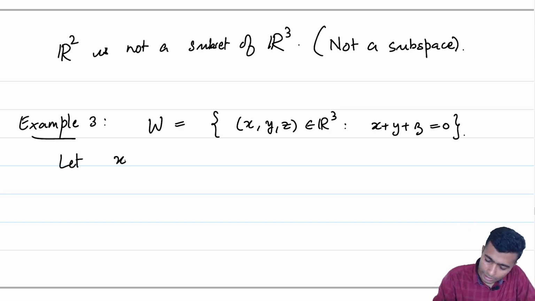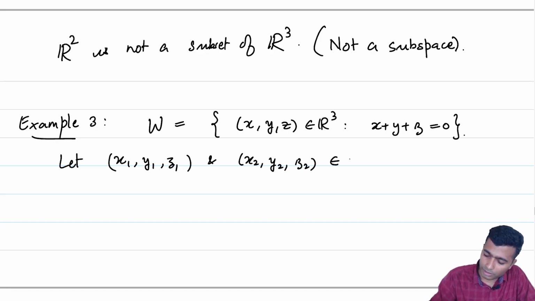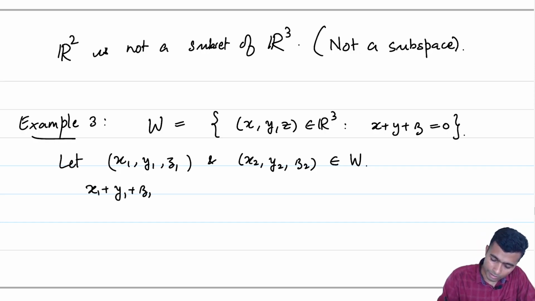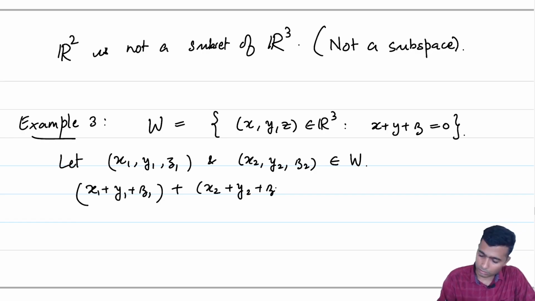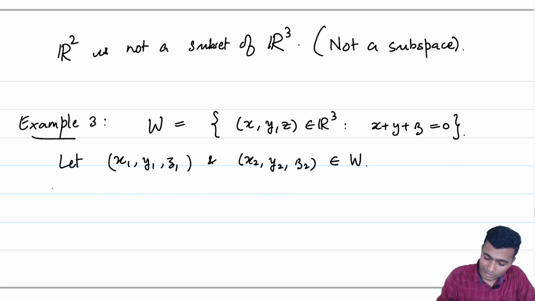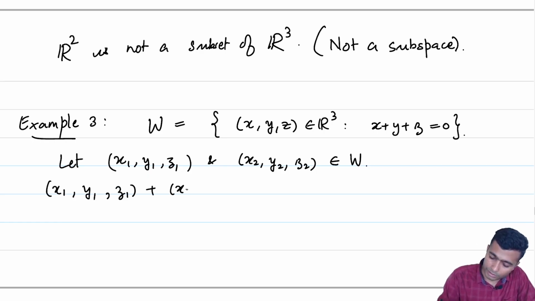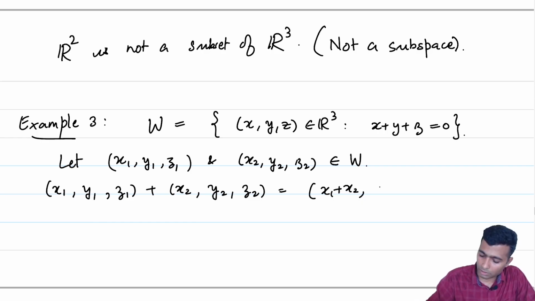In order to do that, let x1, y1, z1 and x2, y2, z2 be in capital W. Then x1, y1, z1 plus x2, y2, z2 is equal to x1 plus x2, y1 plus y2, z1 plus z2.